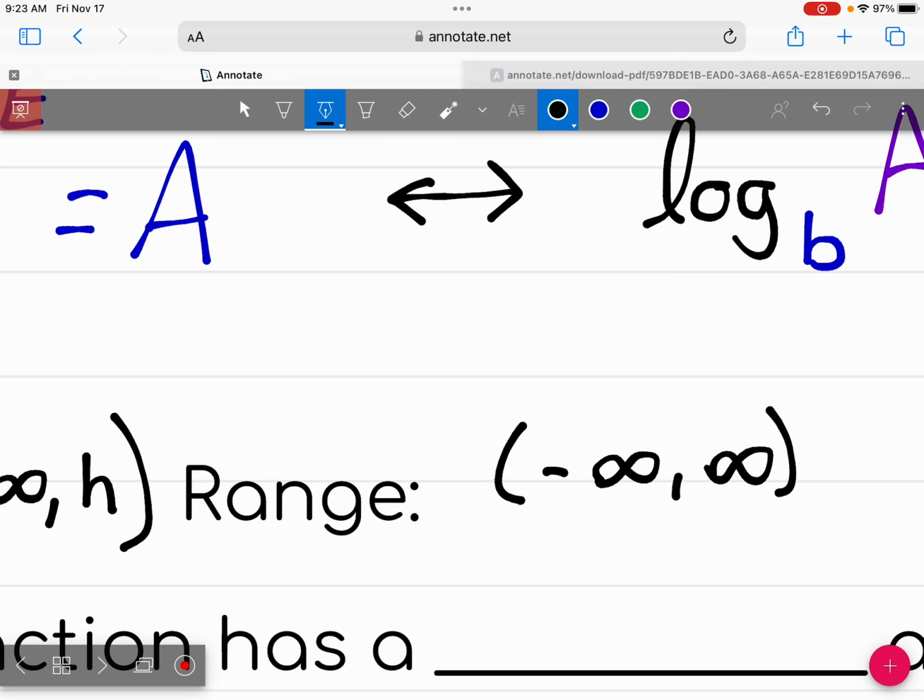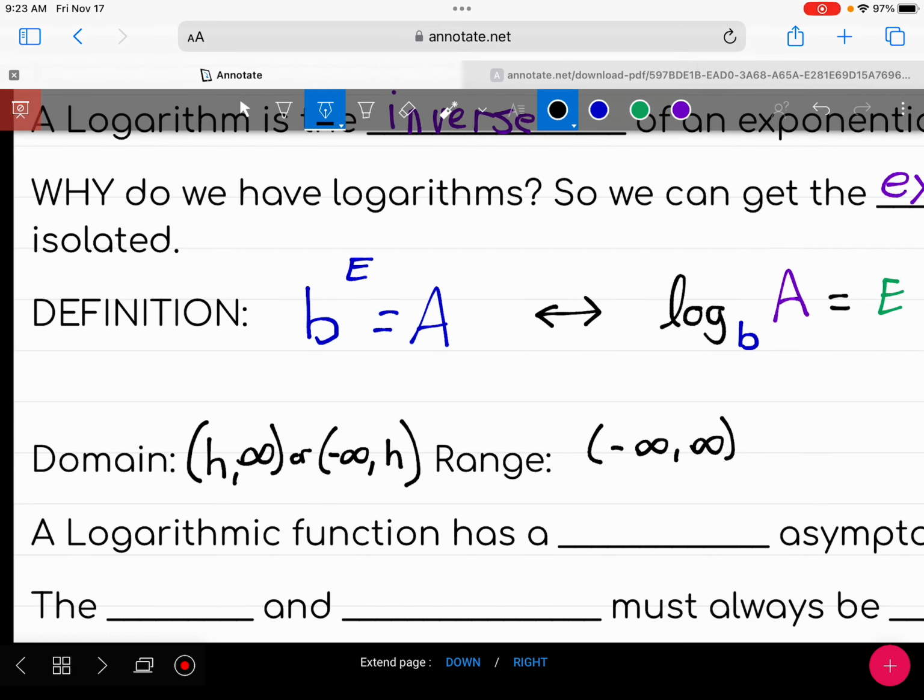The h would be a horizontal transformation like a, h, and k. That same h. We're still going to have a, h, and k in these. But h is our horizontal shift, so it's going to change where our domain goes. Since exponentials have that horizontal asymptote, and a logarithm is the inverse, what kind of asymptote is it going to have?